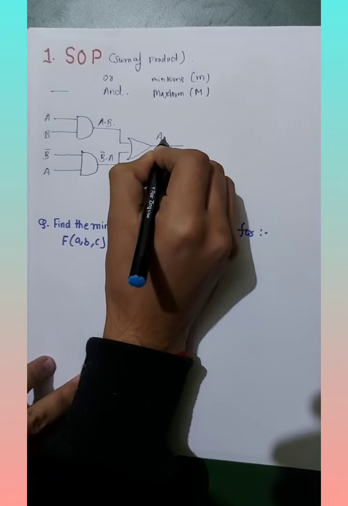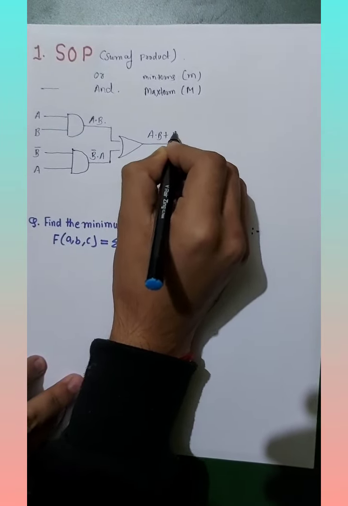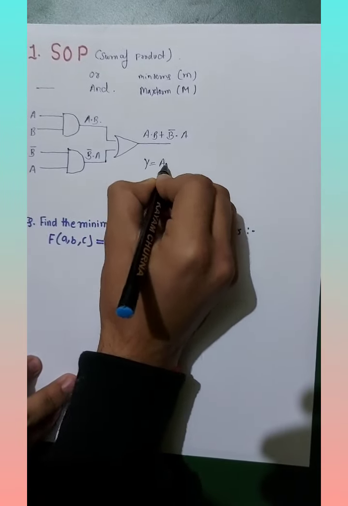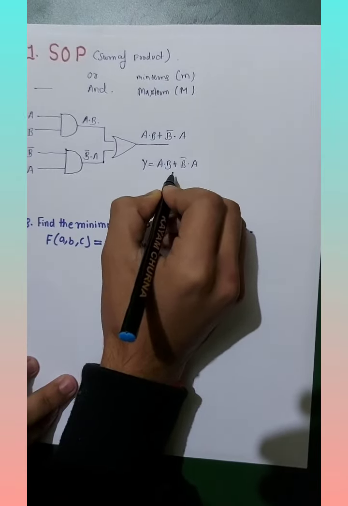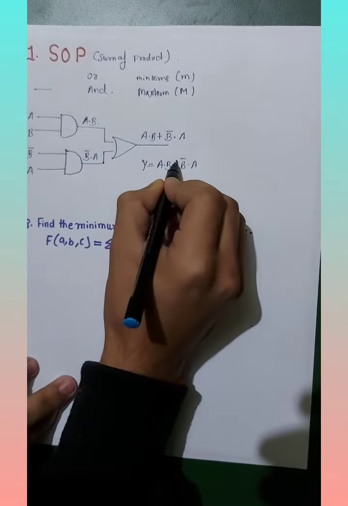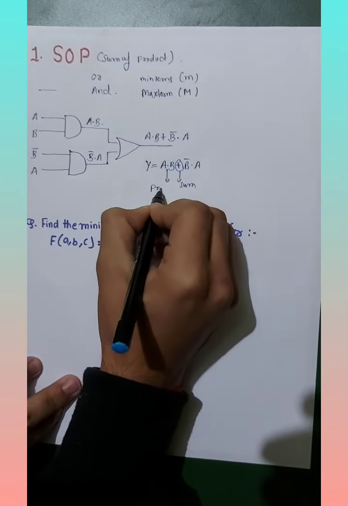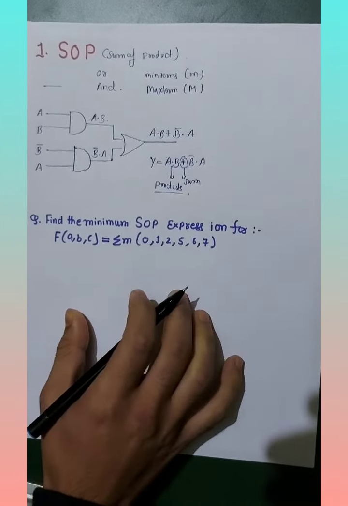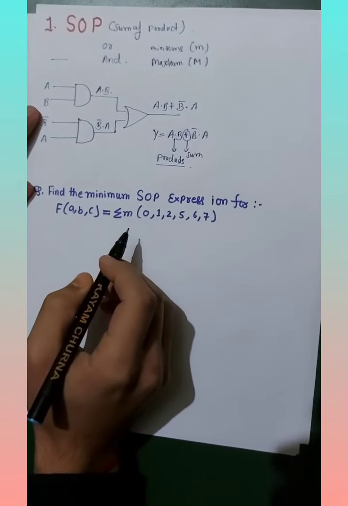So A dot B plus B bar dot A. So in this we see that A dot B plus B bar dot A, this is sum of products.